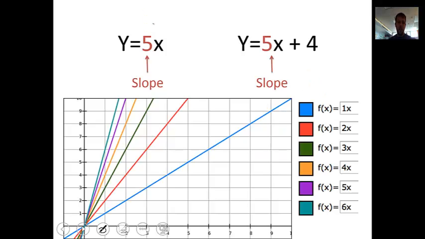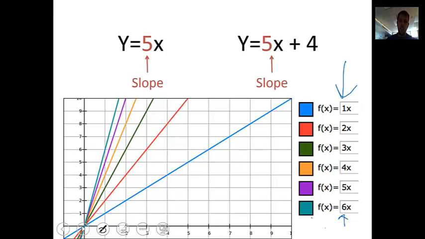Now let's identify the graph. If you notice in the picture, we got 1x is the blue line, we got 2x is the red line, and 3x is the green line. I want you to notice that as the slopes go up, the steeper a line gets.